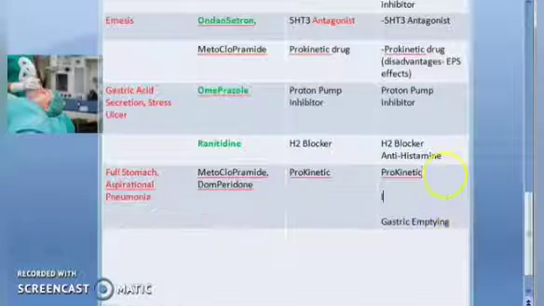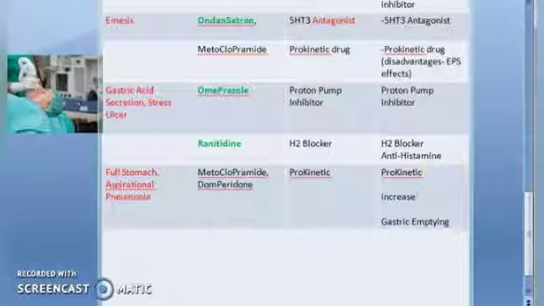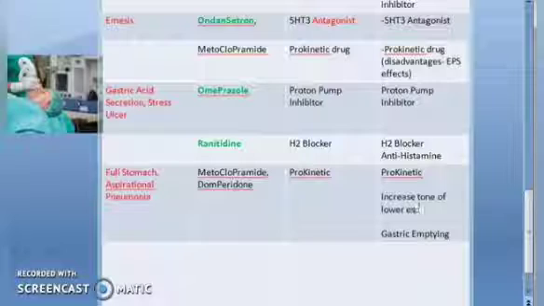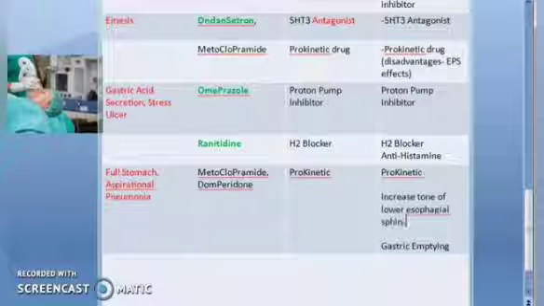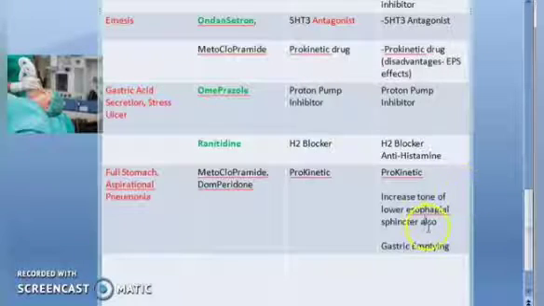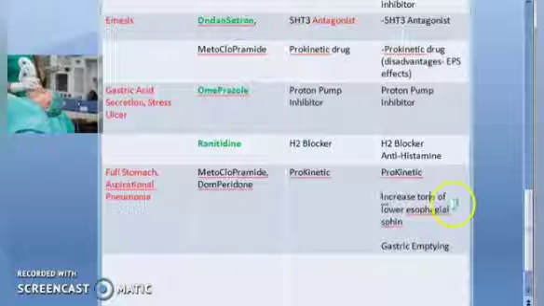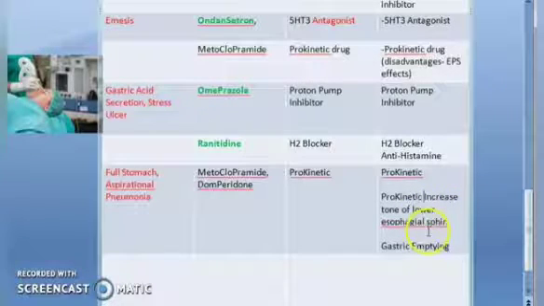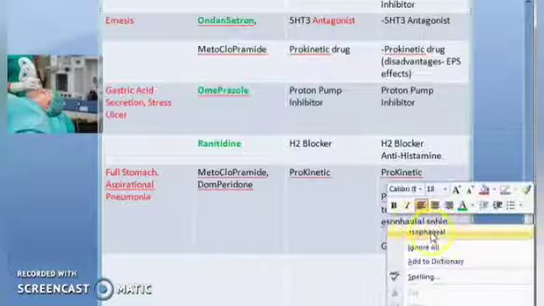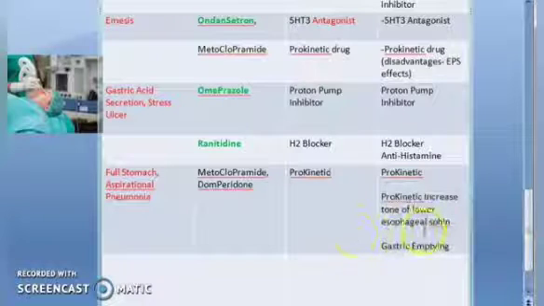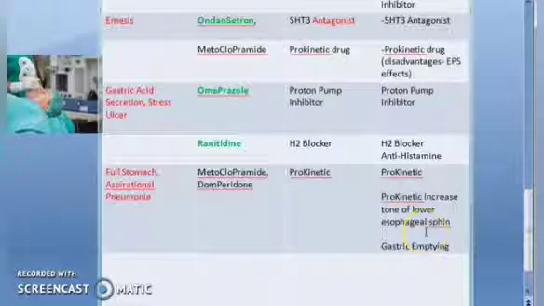So here they increase tone of lower esophageal sphincter also. Okay. They also increase the tone of the lower esophageal sphincter so that there will be no regurgitation, correct, from the stomach to the esophagus.